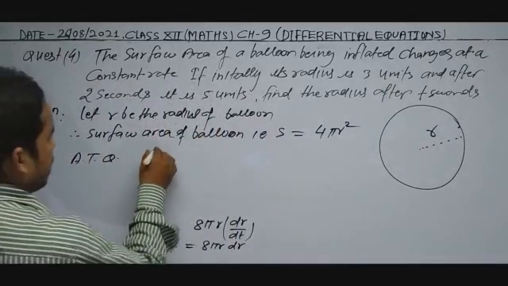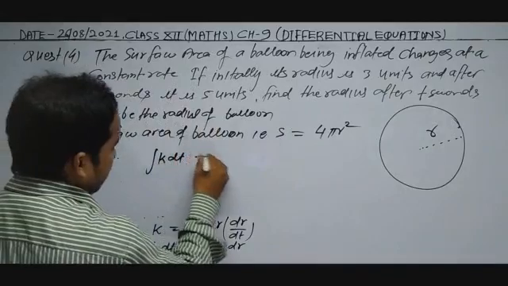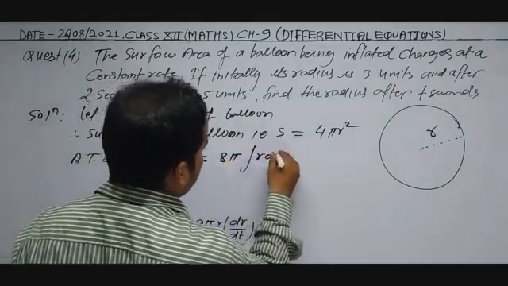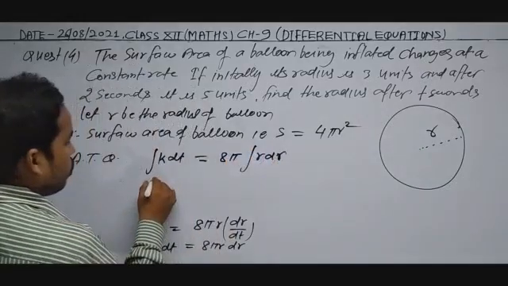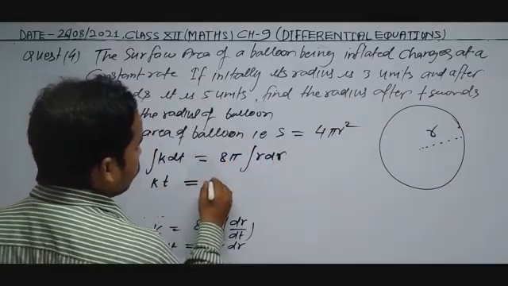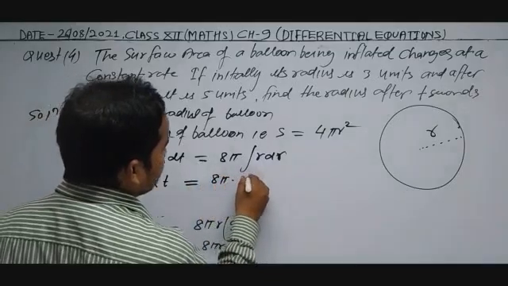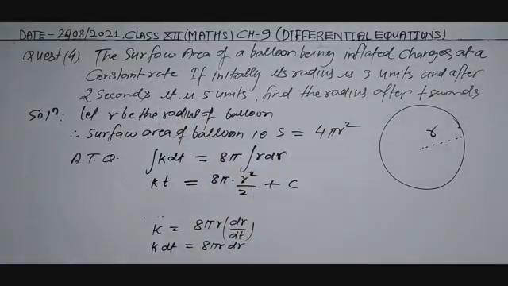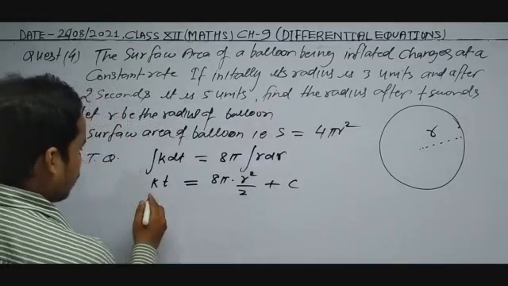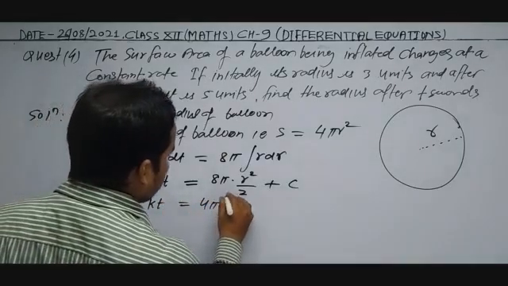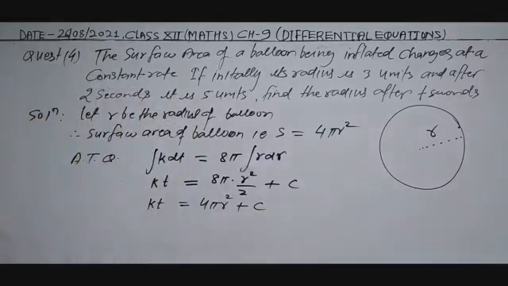After integration, k times t is equal to 8 pi times the integral of r dr, so kt is equal to 8 pi times r square by 2, plus c. This c is the constant of integration, and the result is kt is equal to 4 pi r square plus c.